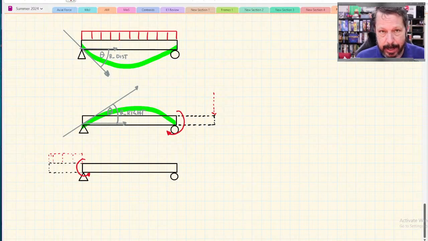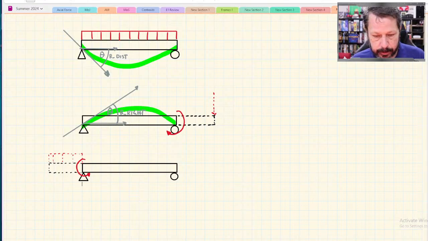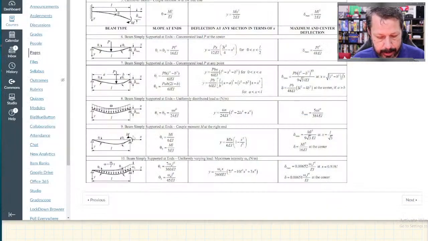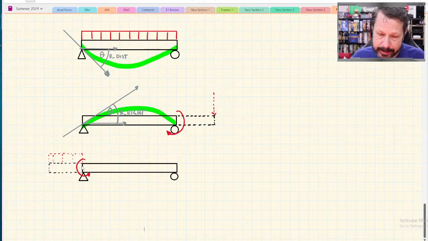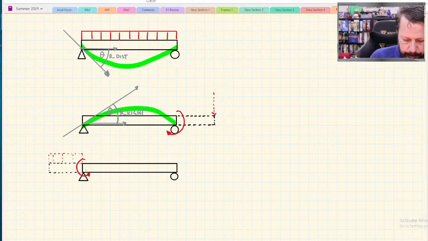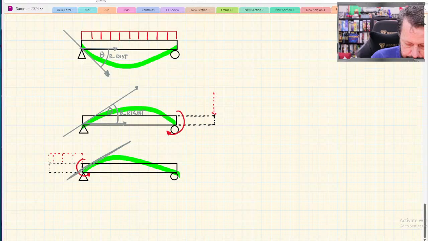This is case 9, but it's the mirror image of case 9 in this chart. Case 9, when it draws the picture, has the moment on the right-hand side, and we have the moment on the left-hand side of the beam. So it's the mirror image of that one. And we know that this, by itself, would cause the beam to do something like that, which at B would give us this kind of slope again.